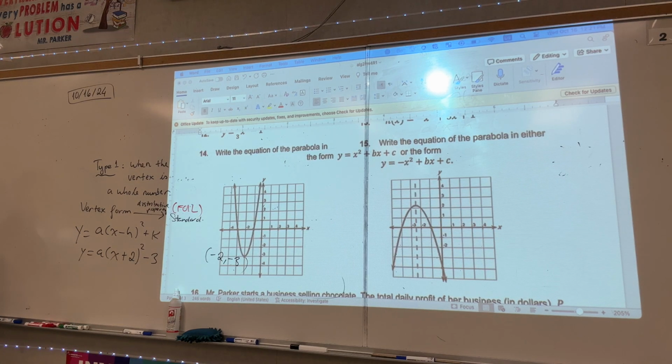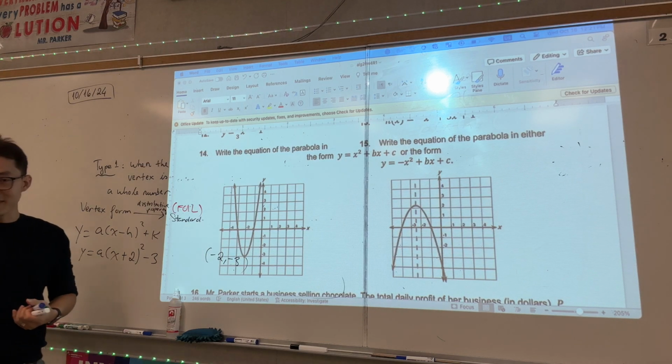Not really. Why not? Because it's upward, so it's positive. So it's positive 1. Why not positive 2? That's good, but why not positive 2?